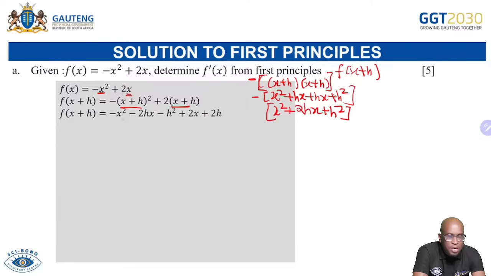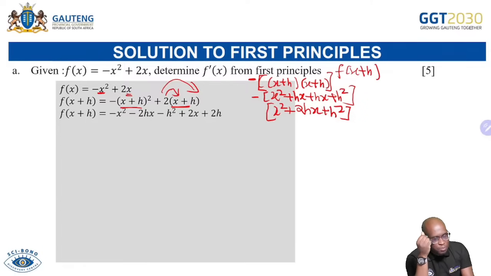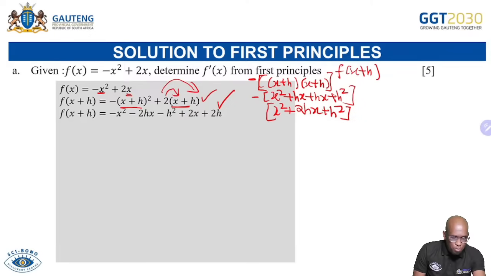Negative x squared minus 2hx minus h squared, all right? And then also distributing here, plus 2x plus 2h, all right? So that is you computing f of x plus h. That is the substitution there. That is the simplification of the computing there.